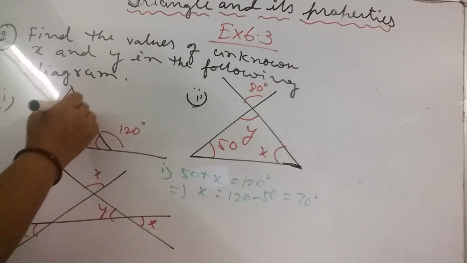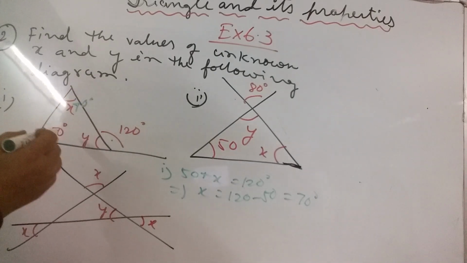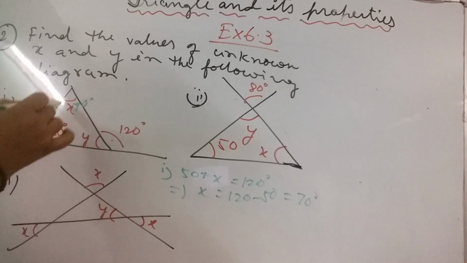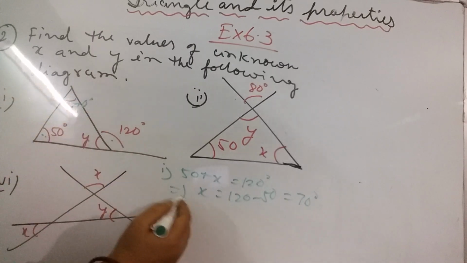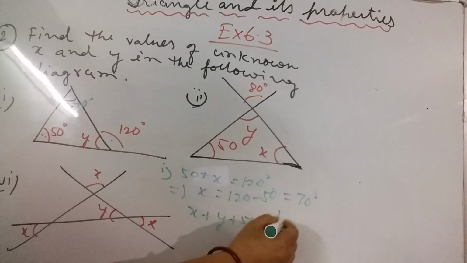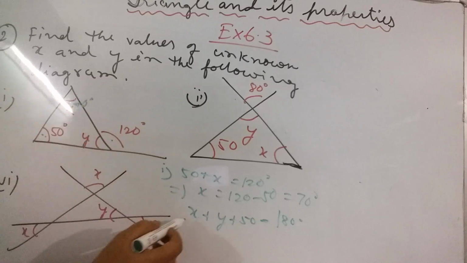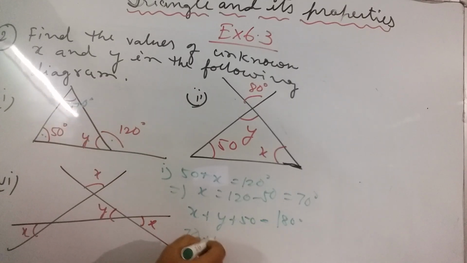Okay, so you will get the value of x. Now x plus y plus 50 equals 180 degree, and you have found this value of x, so it is 70 degree plus y plus 50 equals 180 degree.